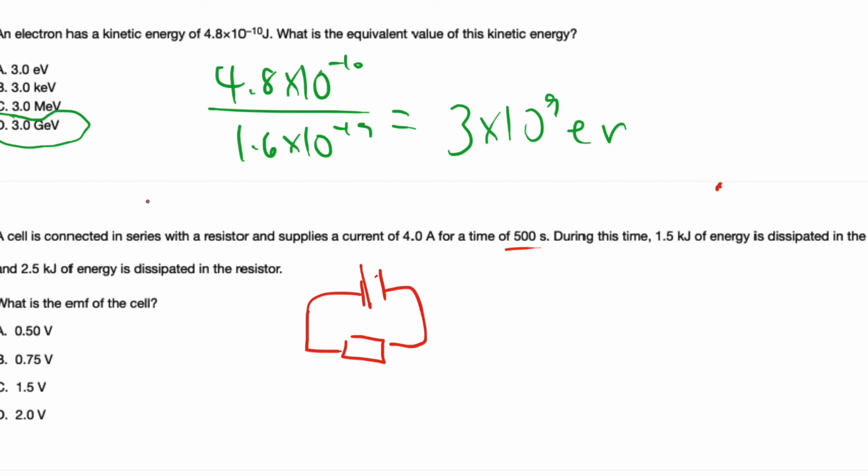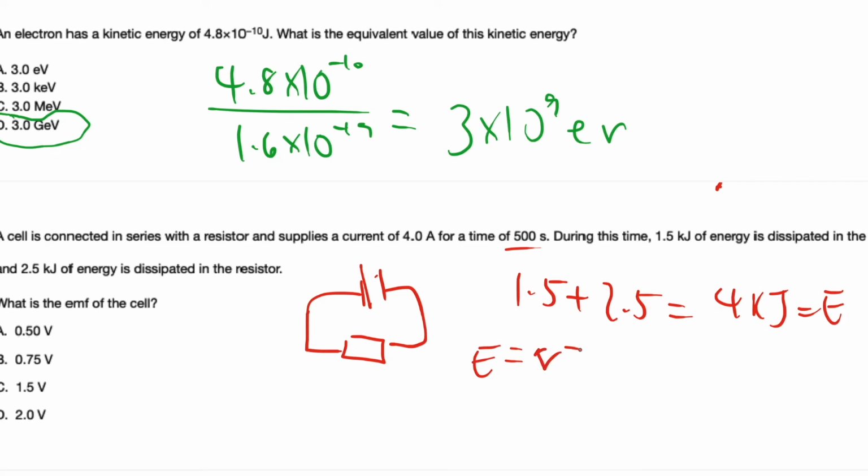So you can calculate the total energy of the circuit first. So 1.5 plus 2.5 is going to be equal to 4 kilojoule, which is equal to energy. And energy is equal to voltage times I times t, which is equal to voltage times charge. And we know the current and time here.